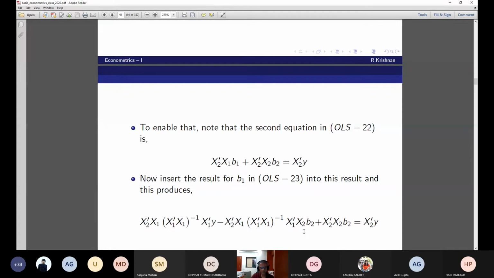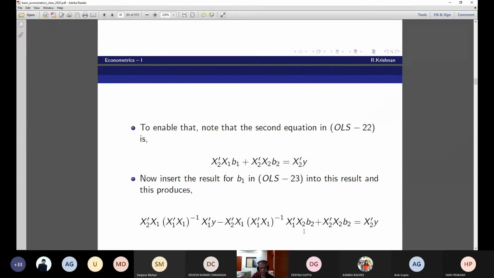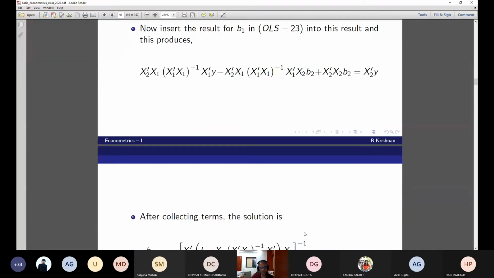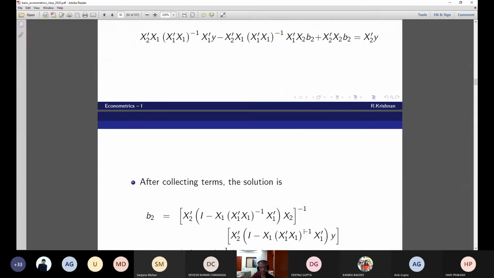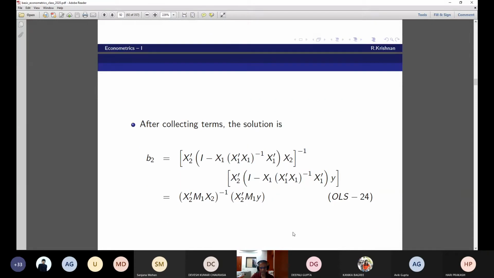To enable that, know that the second equation, OLS 22, can be written this way. Insert b1 from OLS 23 into this result, and this produces x2 transpose y. After collecting terms, the solution is simply b2 equals x2 transpose m1 x2 inverse x2 transpose m1 y.